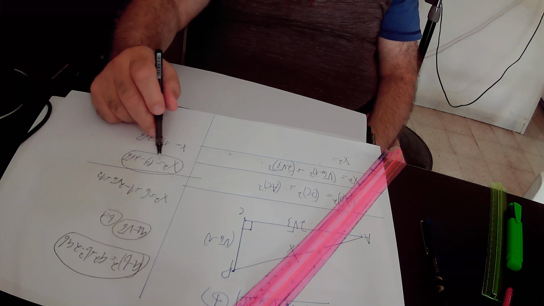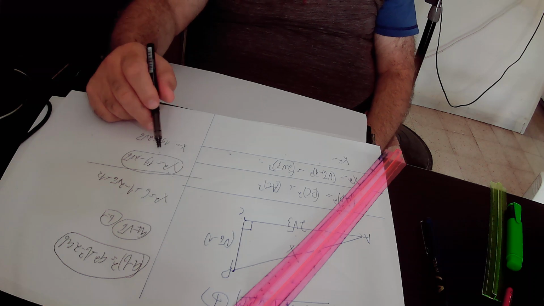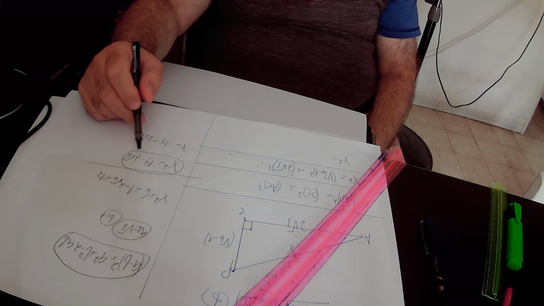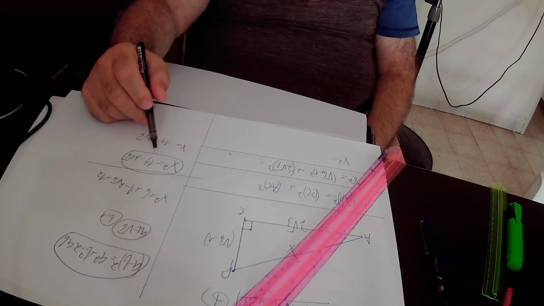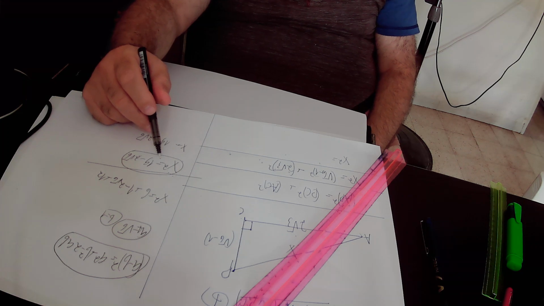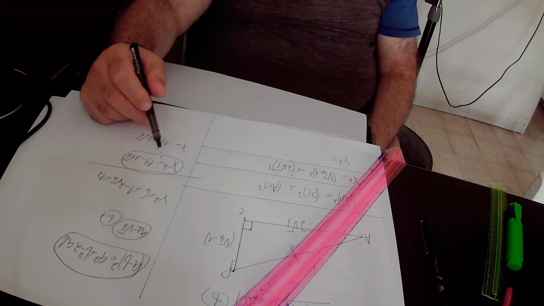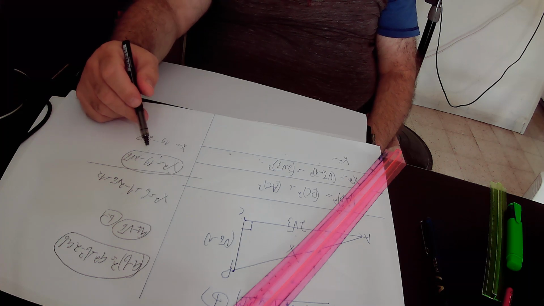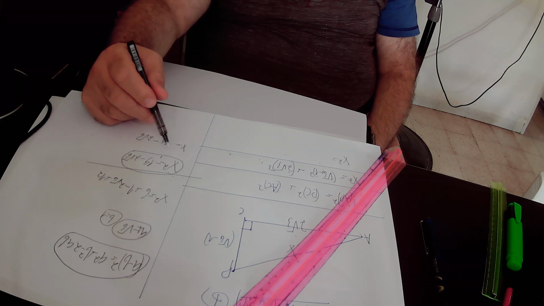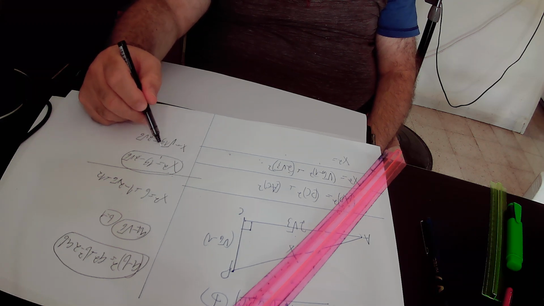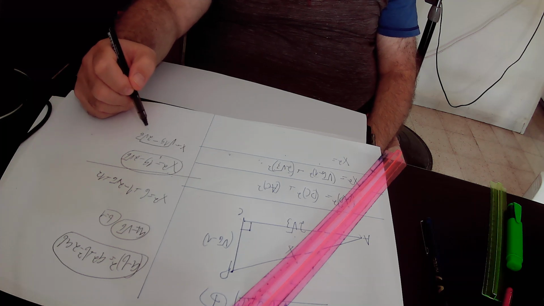When we took the root on both sides of the equation, the square root of x squared is x, and the square root of 19 minus 2 times root of 6 is actually the square root of 19 minus 2 times root of 6.